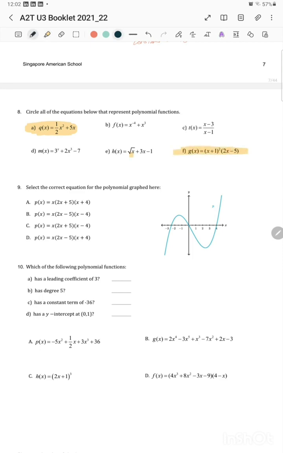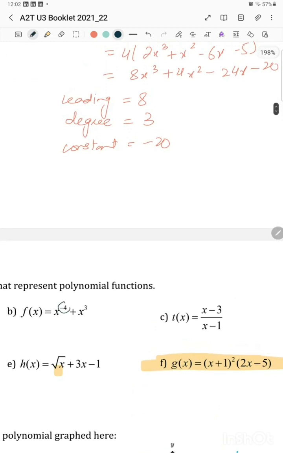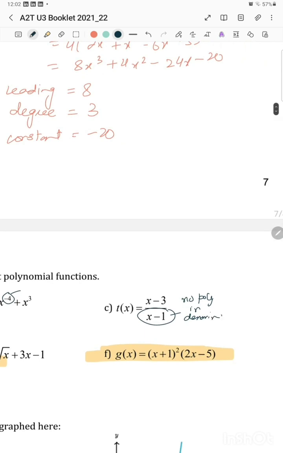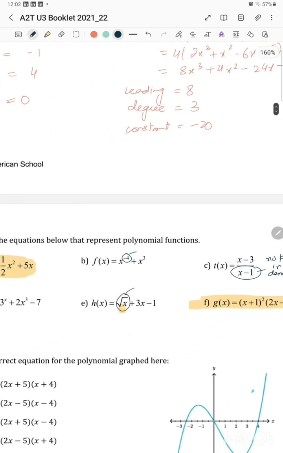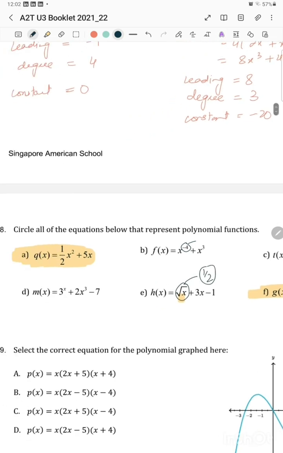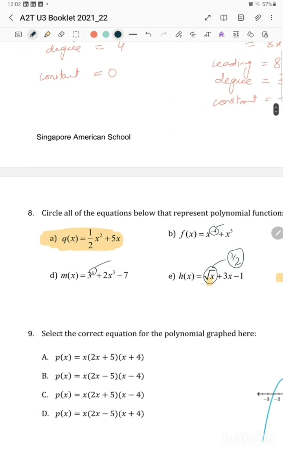Let me write the reasons here. No negative exponents allowed, no polynomials in denominator, one by two fractional exponents are not allowed, variable exponents are not allowed.